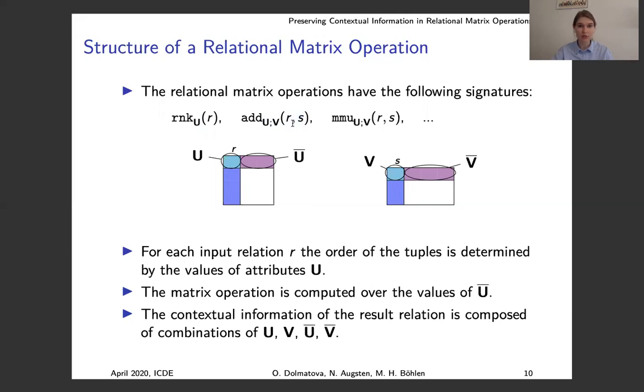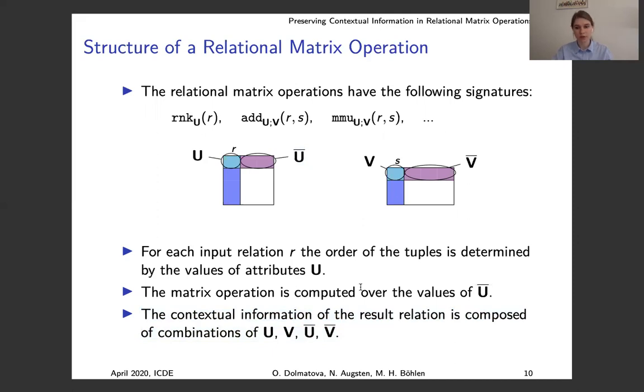U is a part of contextual information, and it determines the order of tuples before applying matrix operation. Matrix operation, corresponding matrix operation, is applied to the values of the complement of U of the relation ordered by U. Result relation is composed of the result of the corresponding matrix operation, and it also includes contextual information of the input relations.